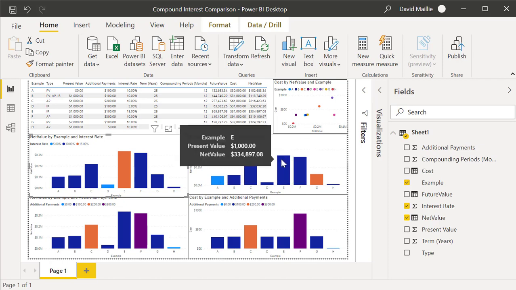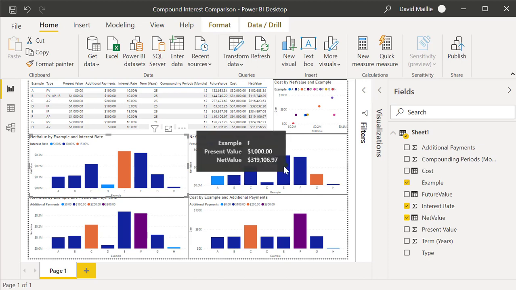Actually, the people with a present value of $1,000, the in-between, did the best. Some of them might have had a higher interest rate. E did have the 15%. But look at F. F had 10%, but he had a higher $300 additional payment.